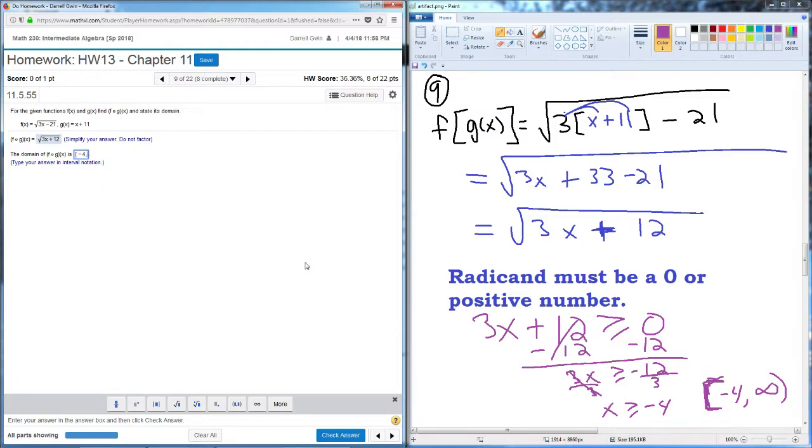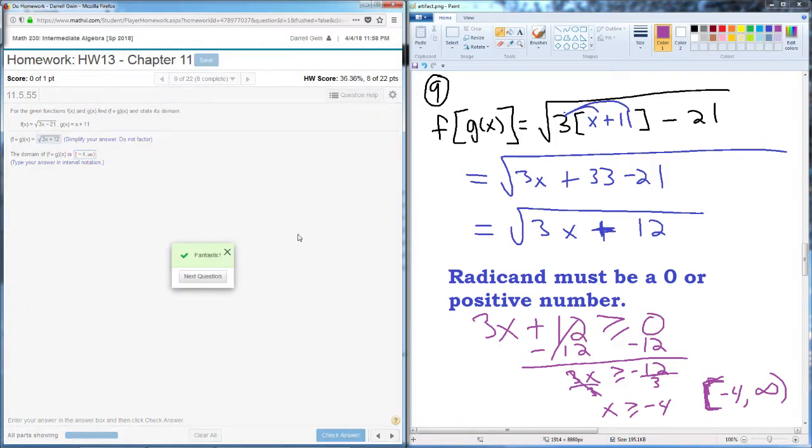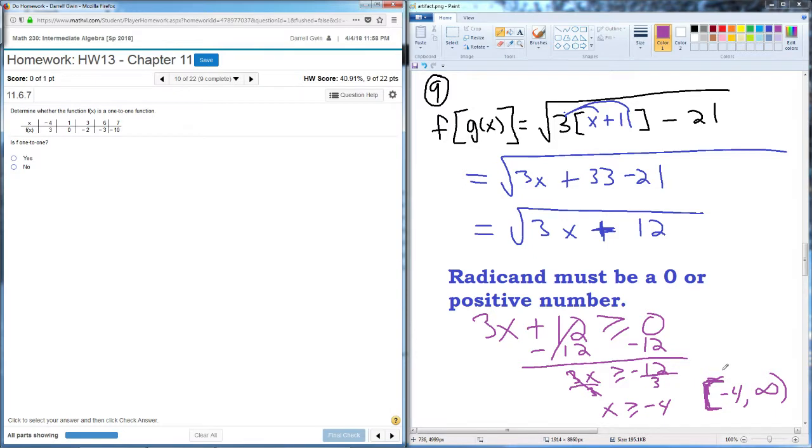Do not type in a space. There's no infinity sign on the keyboard, so we have to actually click on the infinity button, and then close parentheses. Cross our fingers. Fantastic. It was correct. It took a lot of space. These problems were pretty hefty.